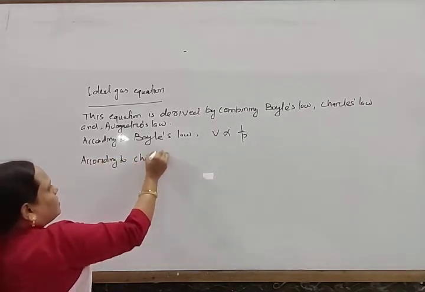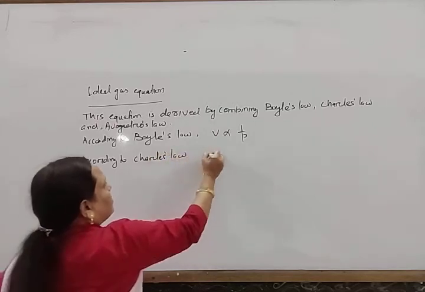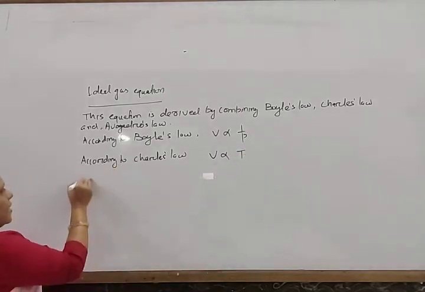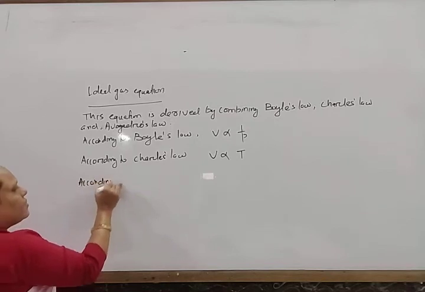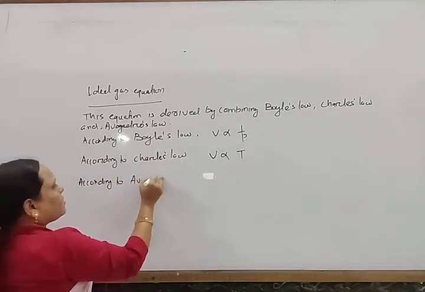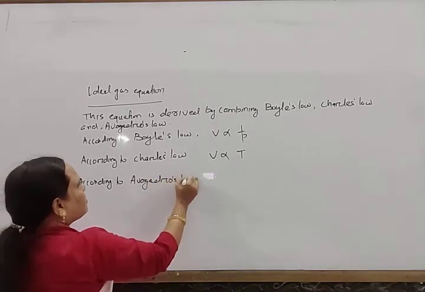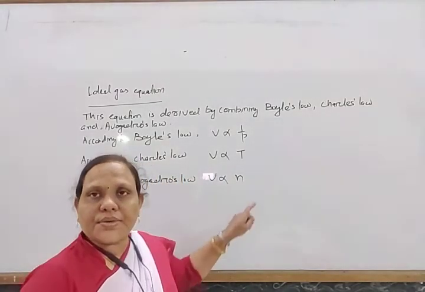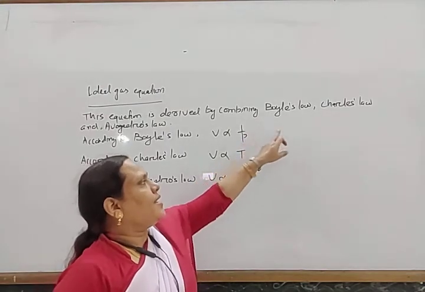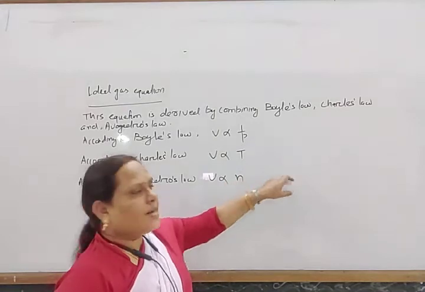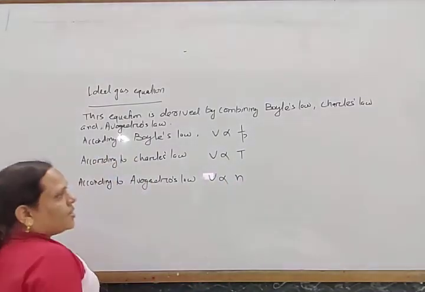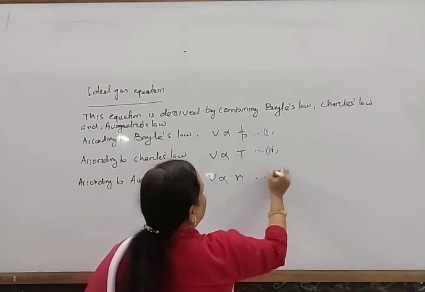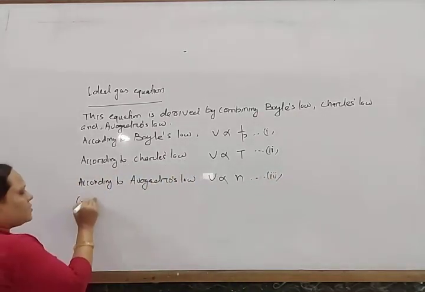According to Charles' law, V is proportional to T. According to Avogadro's law, V is proportional to N. Here T and N are constant, here P and N are constant, and here T and P are constant. So these are equation 1, equation 2 and equation 3.